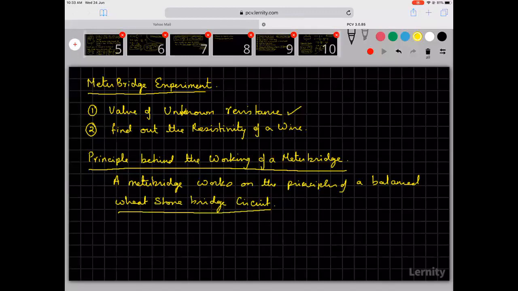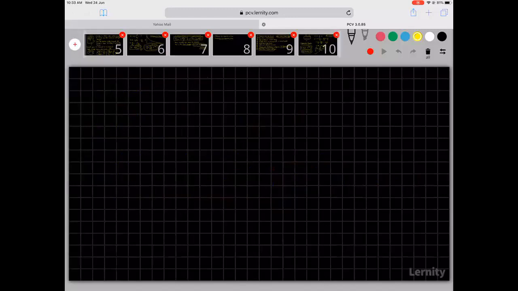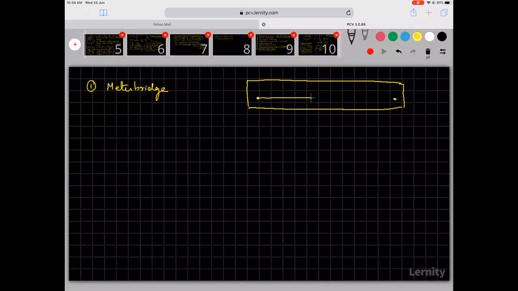Okay, now what are the equipments that you need? The first equipment that you need is something called a meter bridge. So this is how a meter bridge looks. It's basically a big board. On the board, you will have one point here, and there will be a wire here.